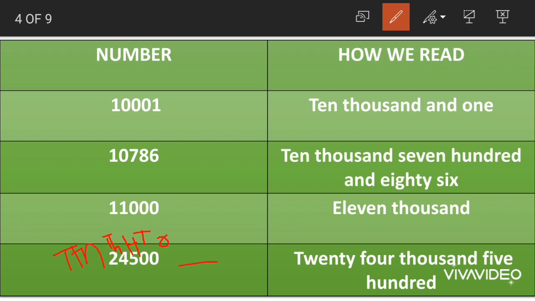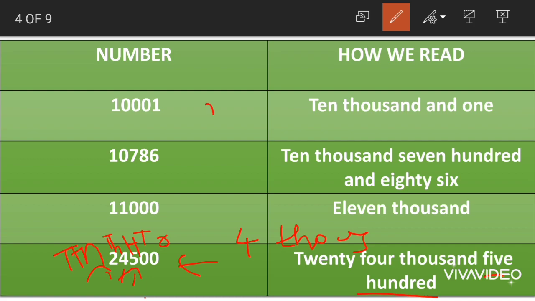Here, if we come from the right side, 5 is at hundreds place, so we read it as 500. Again, 4 is at thousands place, so we read it as 4,000. And 2 is at 10,000s place. How will we read it? If 2 was at tens place, we read it as 20. In the same way, 2 is in 10,000s place, so we read it as 20,000.